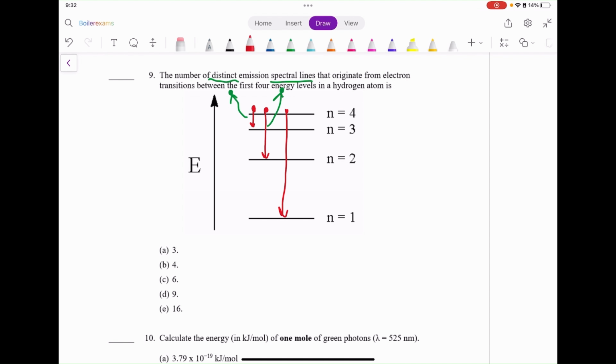That's all we could have starting from the 4th. If we start from the 3rd, we could go down to the 2nd or the 1st. And if we start in the 2nd, we could go down to the 1st. If we count these up, 1, 2, 3, 4, 5, 6, there's going to be 6 distinct spectral lines.